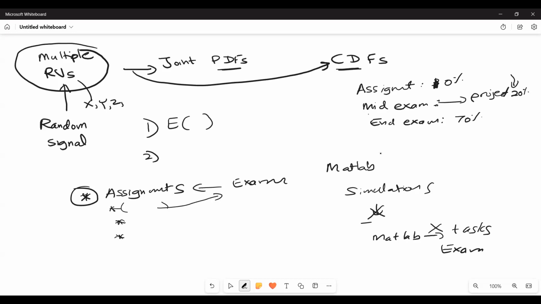It will constitute 20% of the final mark. The assignments will constitute about 10% of the final mark. So the end exam will be 70%, and likewise it will go.